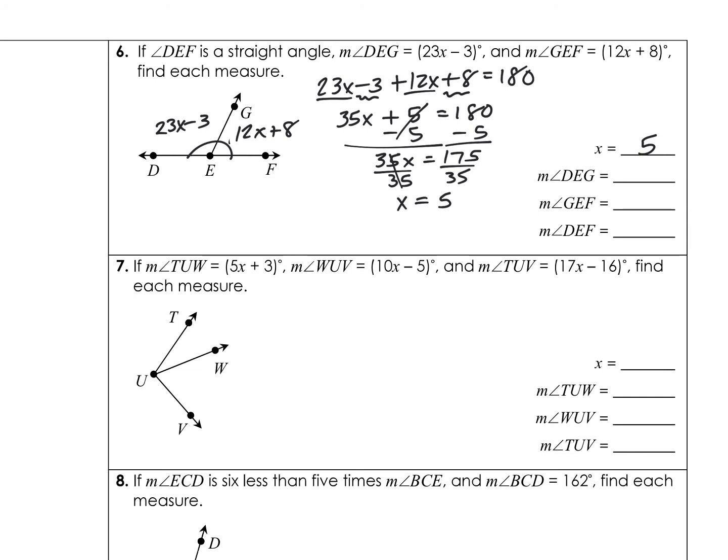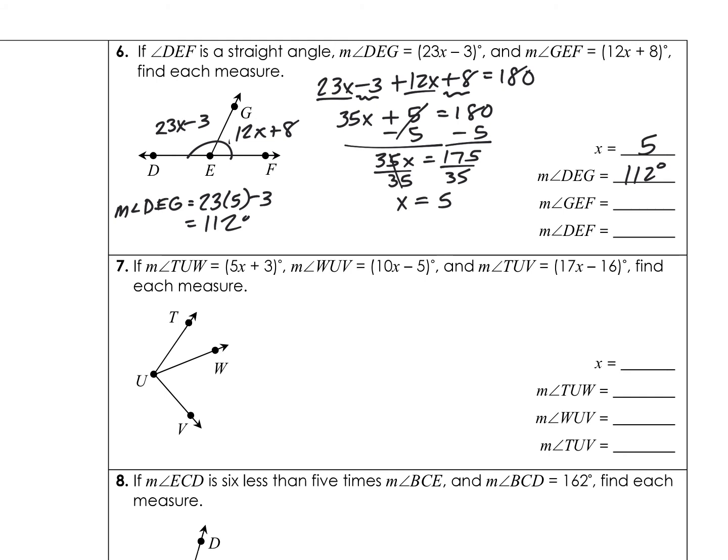Okay. If x equals 5, then the measure of angle DEG is equal to 23 times 5 minus 3. That's 115 minus 3, which is 112 degrees. Okay.